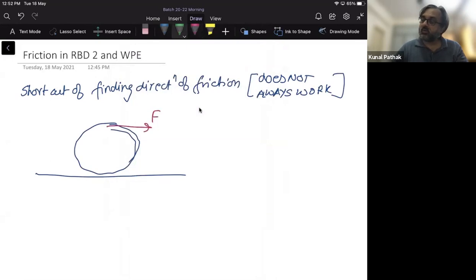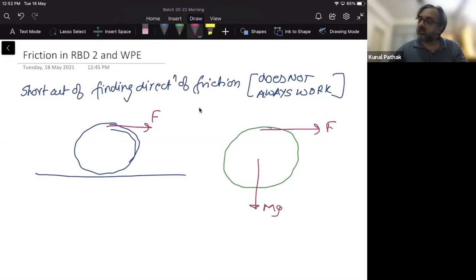So what we do is we draw the FBD without friction. Okay, so there is F, there is mg, there is N. Right? So just like before, draw the FBD without friction.